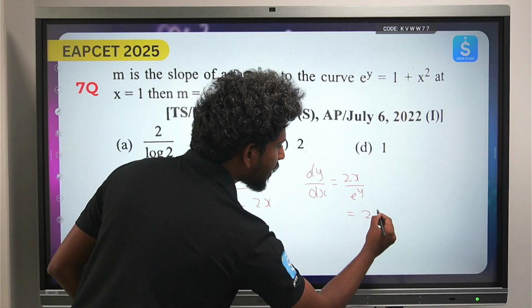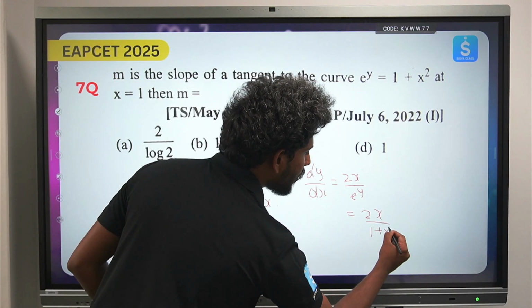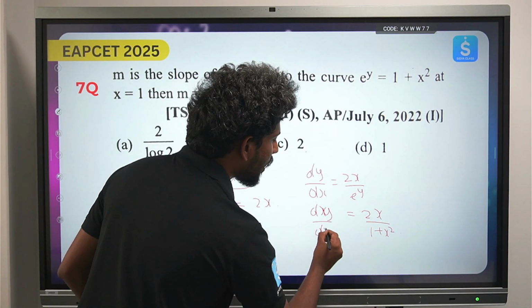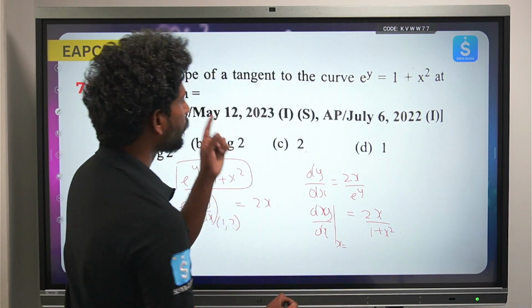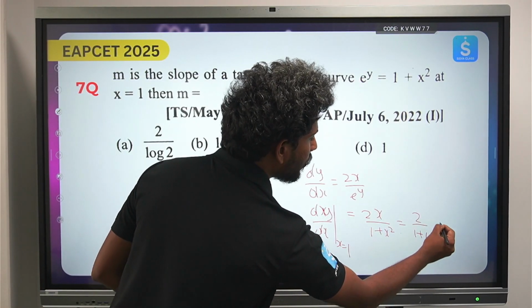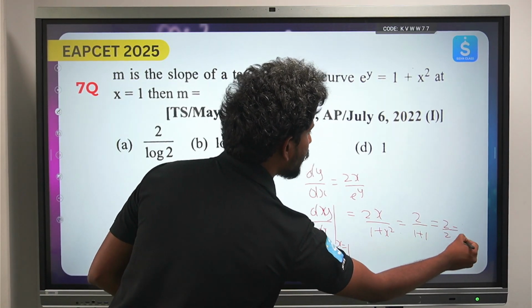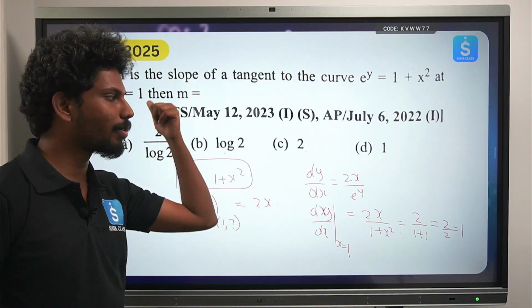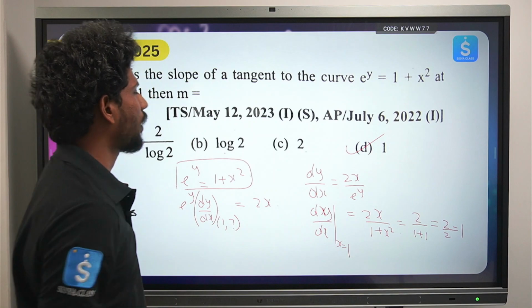So here I can just substitute 1 plus x square, right? Now substitute dy by dx at x equals 1. Now it becomes 2 by 1 plus 1, which is 2 by 2, equal to 1. The slope of the tangent for this curve at x equals 1 is equal to 1, right?